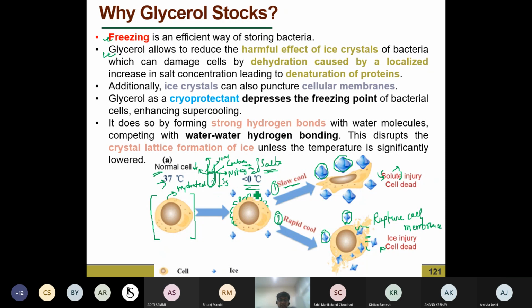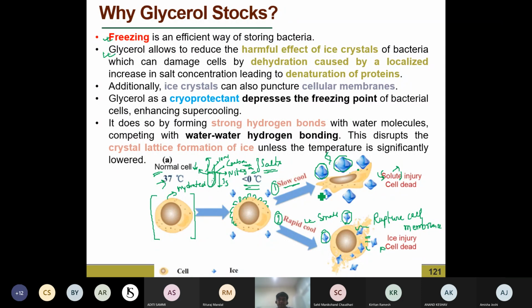So generally there are two challenges. Rapid cooling may rupture the membranes because of the formation of very small ice crystals. In slow cooling you have bigger ice crystals, and when you remove them, for example by lyophilization, the local concentration of salts will be higher, which may actually kill the cells.